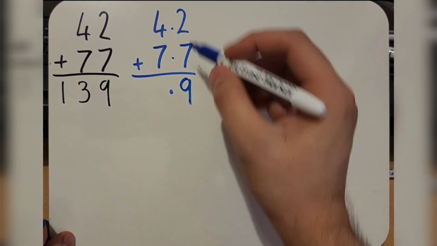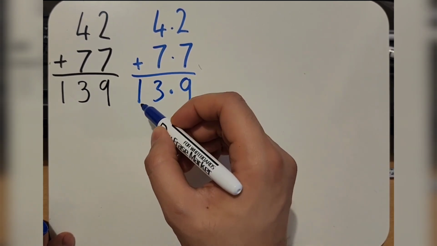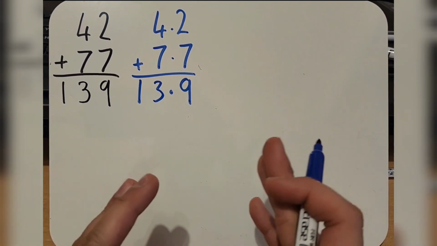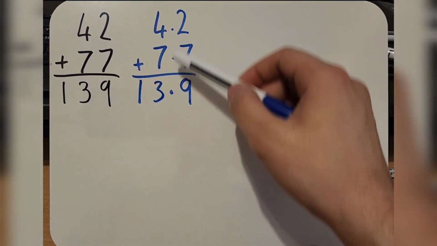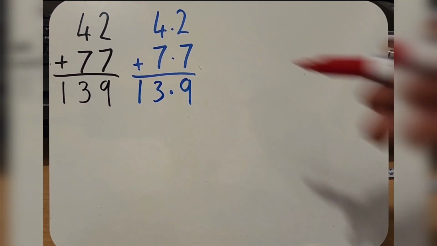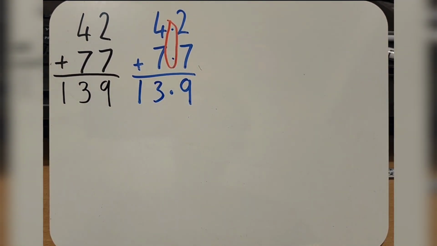We put the decimal point. 4 and 7 is 13. 13.9. So hopefully now you can see that there's not a lot of difference, just a decimal point here. As long as we make sure we're lining things up nicely and these decimal points are here, it means that we can get the right answer.